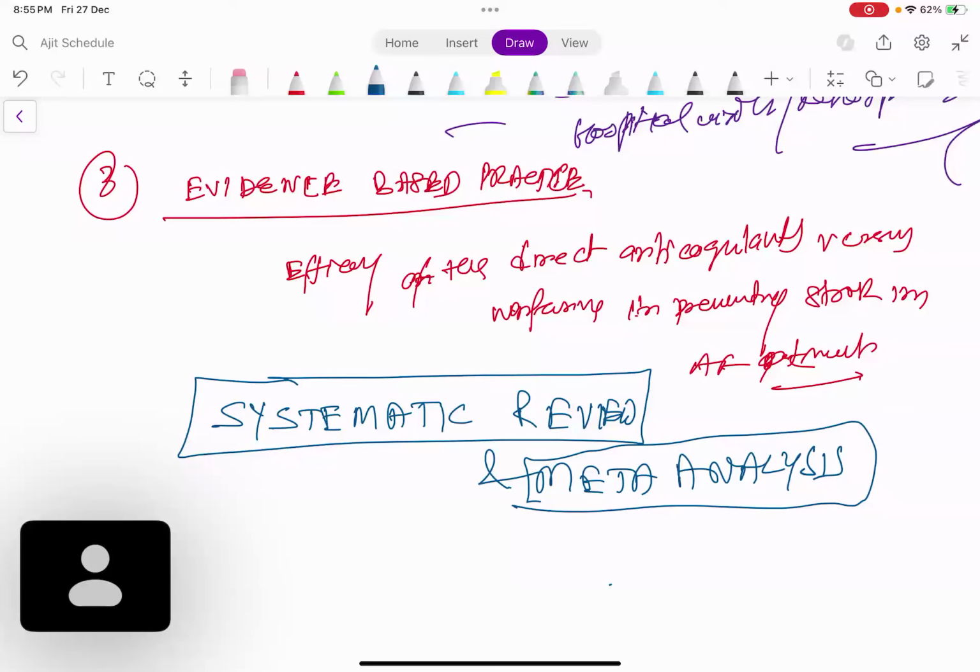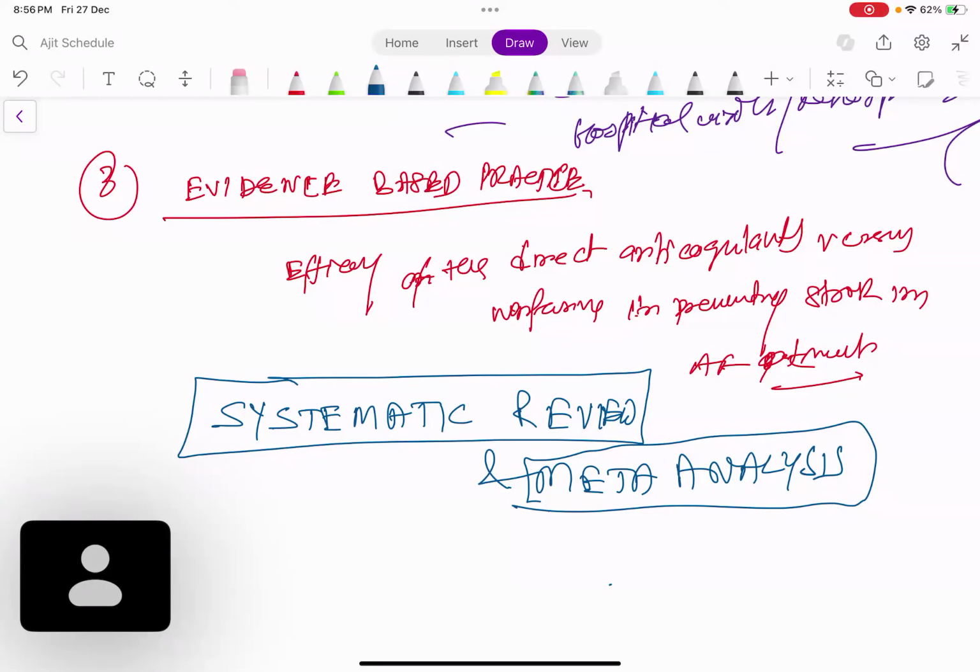Remember this, guys, the studies have already been done in AF patients. Maybe not together, maybe for different anticoagulants and, for warfarin, different doses in AF patients. So what we have to do is just collect the data and do one study.